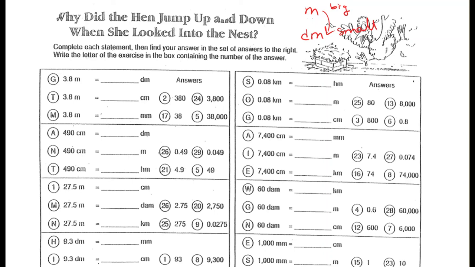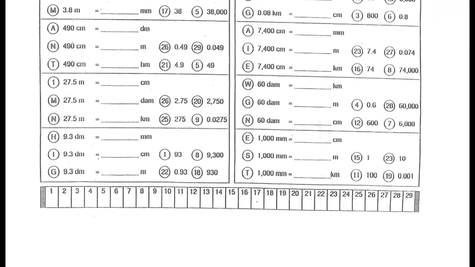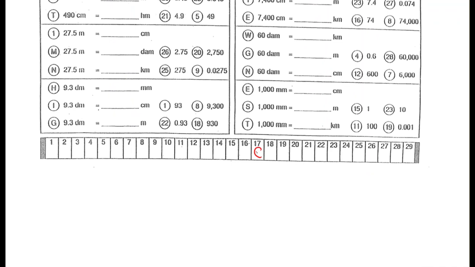So what we're going to do is shift this 1 over. So this is going to be 38, and the decimal will be there, so 38 decimeters. So G will be the answer to 17. So I go down here, 17, and G will be the answer there.